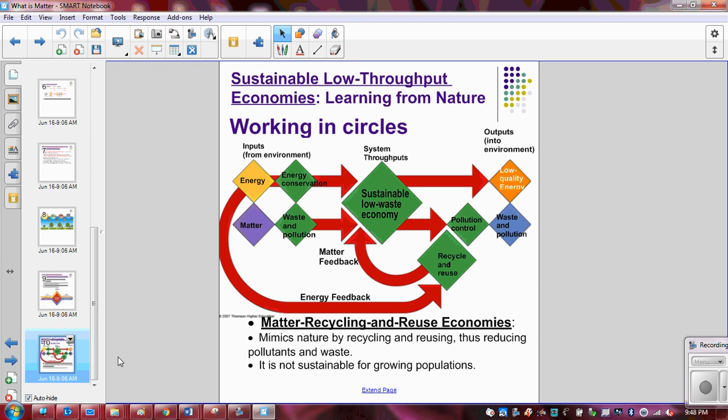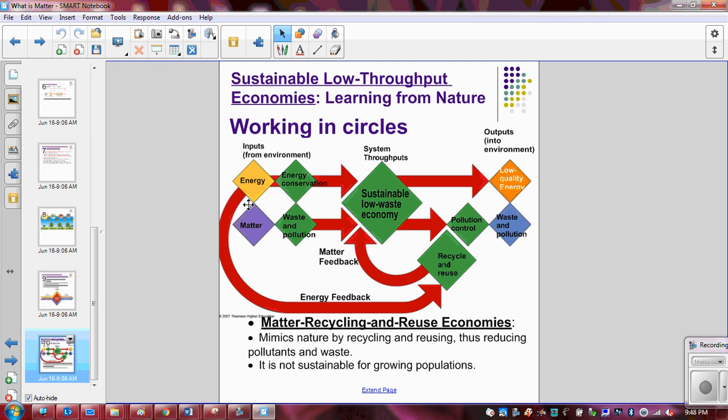And so if we were working more like a natural system like our environment does, where things are cycled through, we would have higher quality energy coming in. We wouldn't use as much of it because we would be using energy conservation techniques like the types of bulbs that you use, or having better insulation in your homes, or better windows, or closing the gaps, so that we don't need to use as much energy.